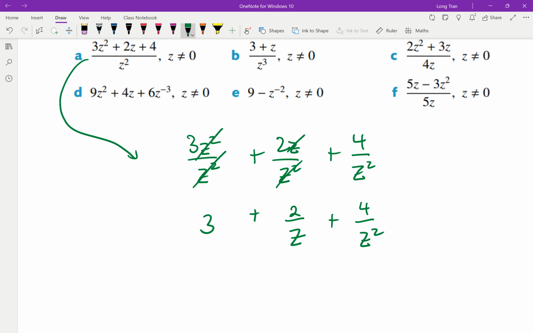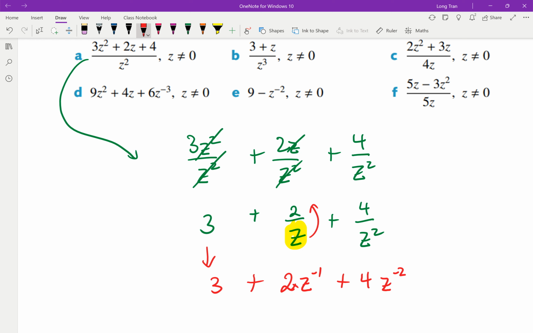Now you may still feel like, well, apparently we can't differentiate fractions. True. But we can write z in the denominator and bring it up using index laws. We know that's the same thing as writing 2z to the power of negative 1. So that's 2 times z to the power of negative 1. This is still 3. And then here, this is plus 4z to the power of negative 2.